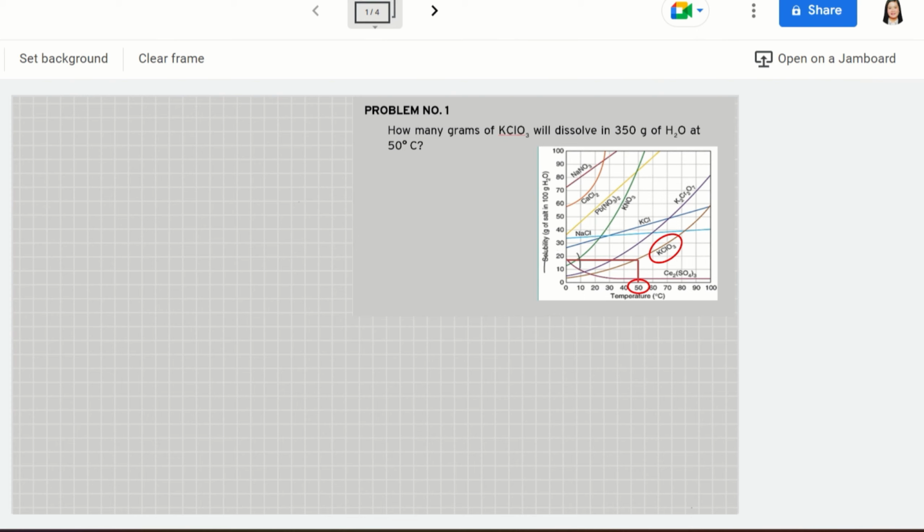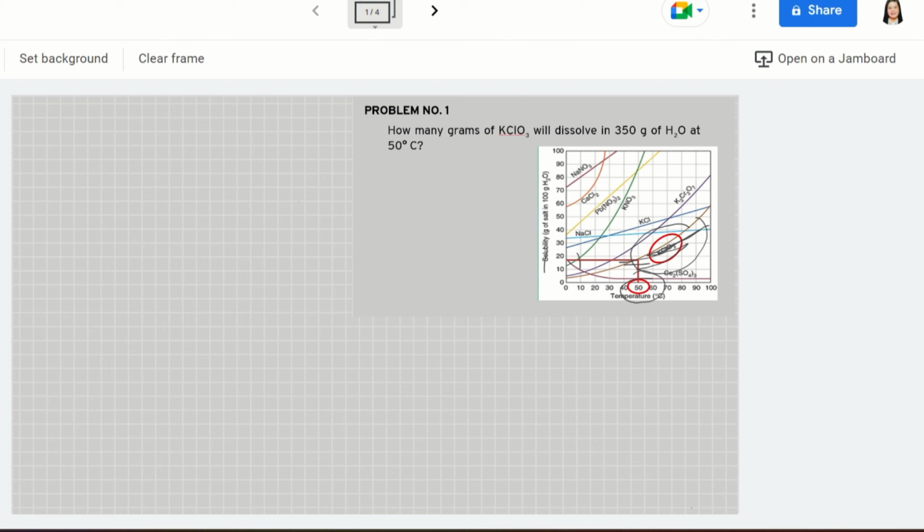We have the potassium chlorate here, and the curve, it says here that it will intersect at 50 degrees at this point, and we'll assume that we have 19 grams of potassium chlorate.